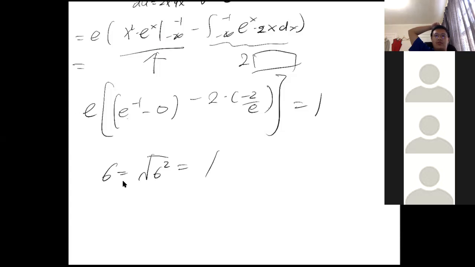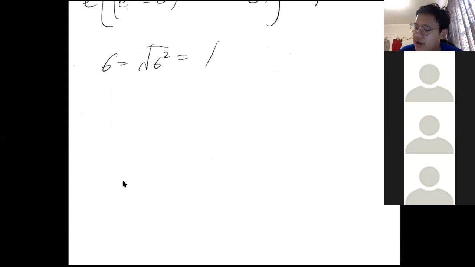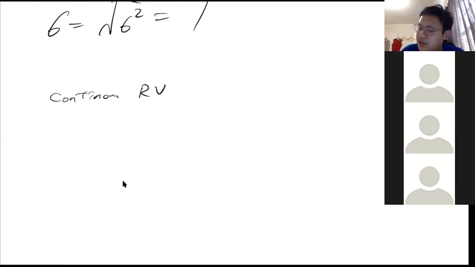Second question: both discrete random variable and continuous random variable have a valid CDF. That is correct. So remember, if we have a continuous random variable, the cumulative distribution is something like that, and at last it will reach 1.